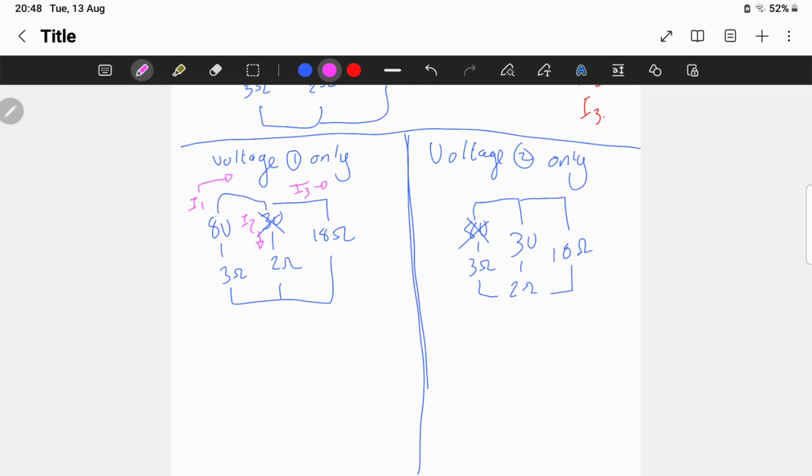So now let's solve this equation. We need to know Ohm's law, guys. You need to remember Ohm's law by heart, okay?